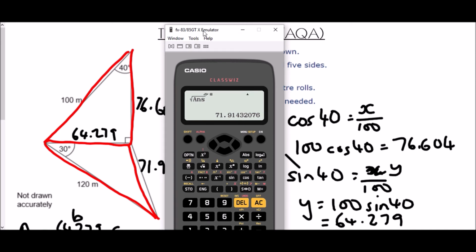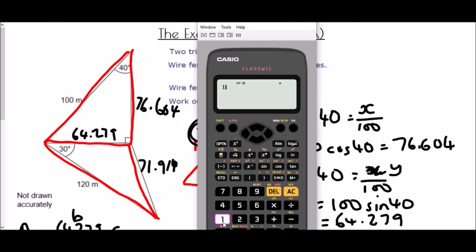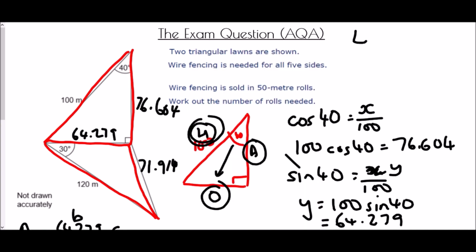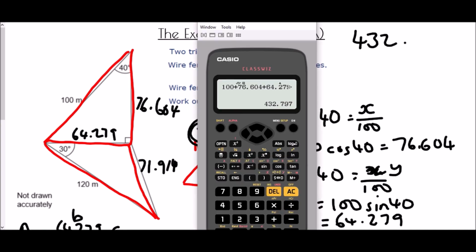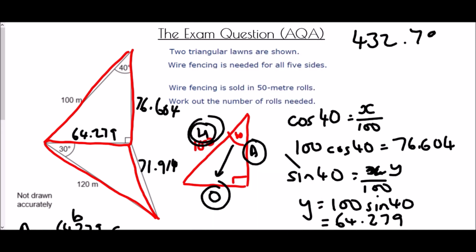So I've got 100 plus 76.604 plus 64.279 plus 71.914 plus 120, and that gives me 432.797, and that is going to be meters.